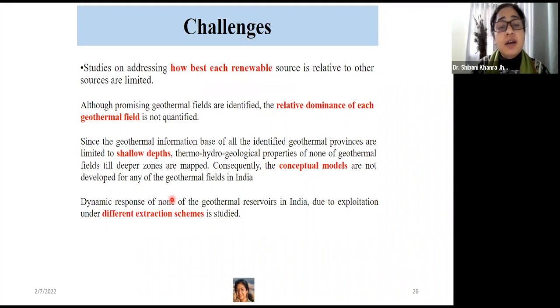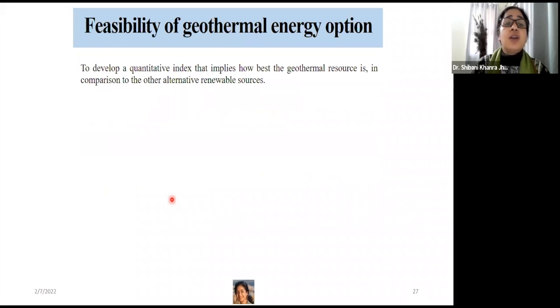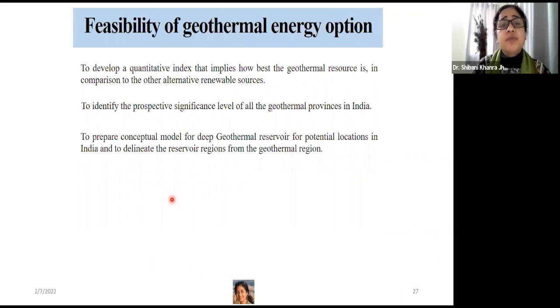So that geothermal fields can be assessed. After that, some dynamics of the fields, like how extraction schemes can be established for the field, and what feasible power potential is available from the field. These are the feasibility aspects which can be applied with these challenges, to establish that geothermal resource is also one of the viable alternatives.